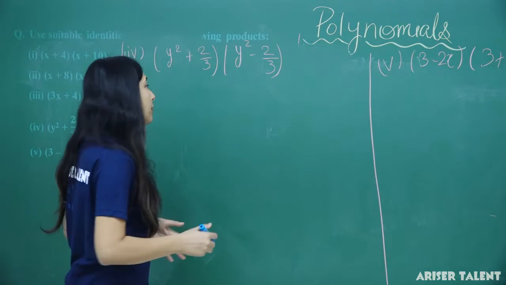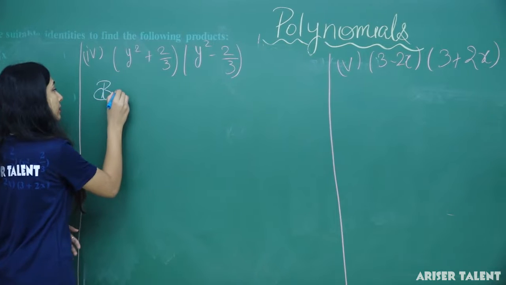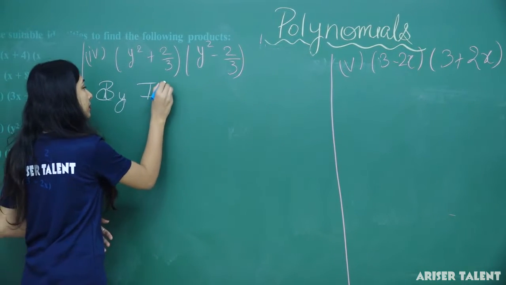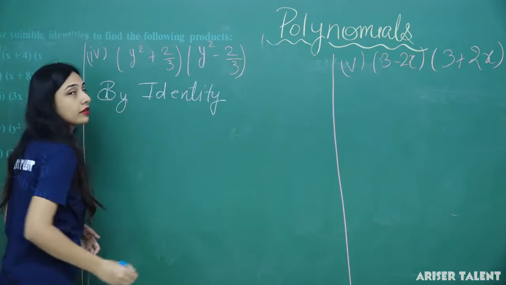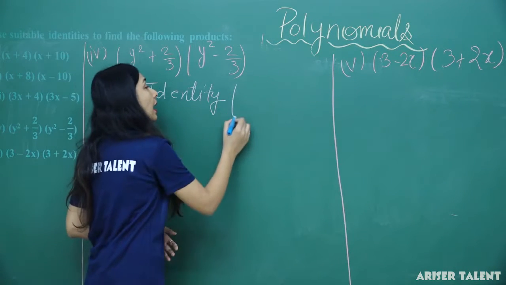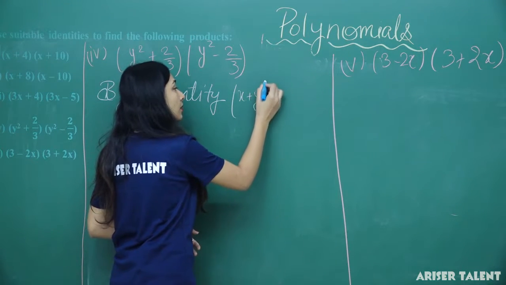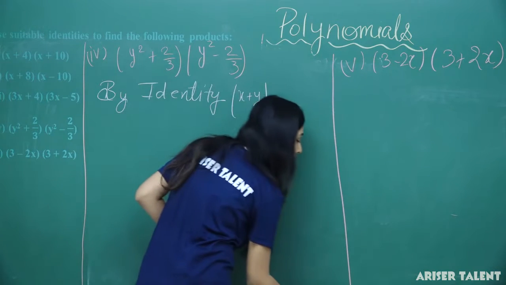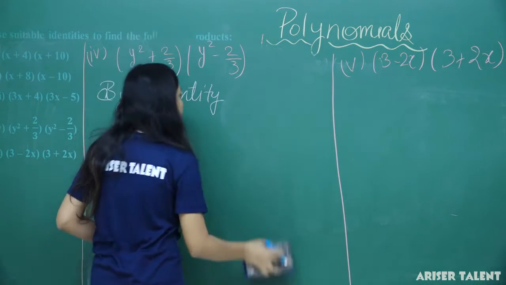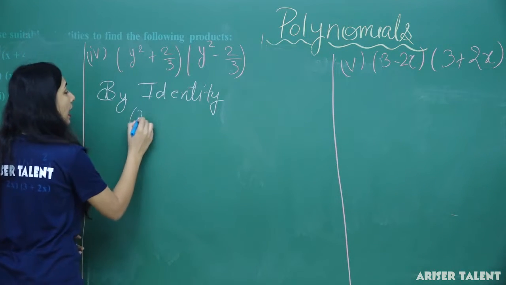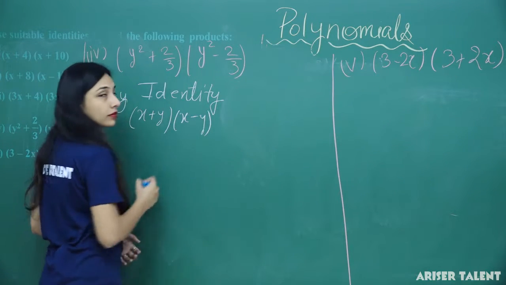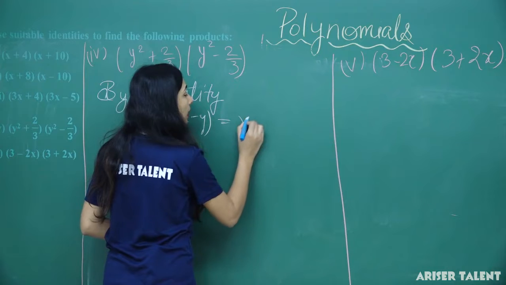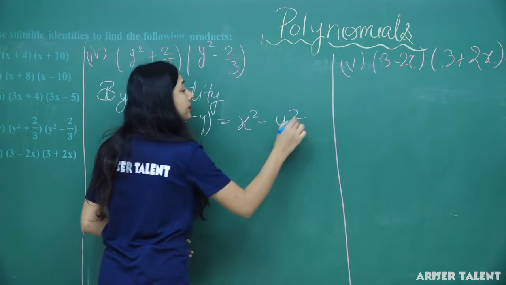What identity are we using? By identity (x plus y)(x minus y) is equal to x square minus y square.